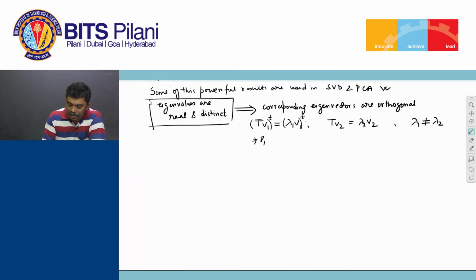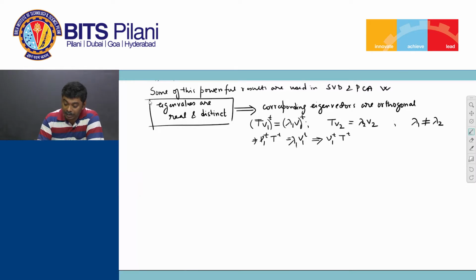Lambda 1 is a scalar, and the transpose of a scalar doesn't make a difference, so you can write lambda 1 anywhere you like. When doing the matrix vector product, you have to be careful about the order. So this is v1 transpose T transpose.